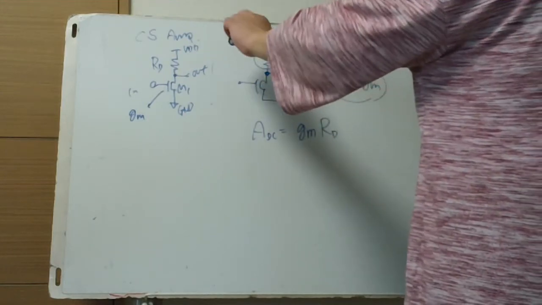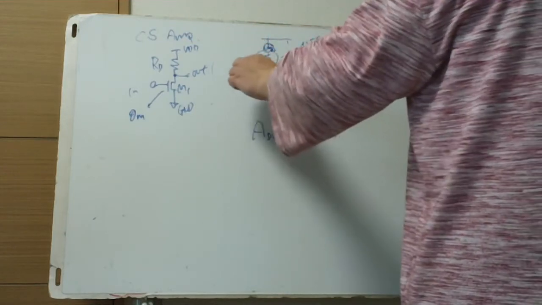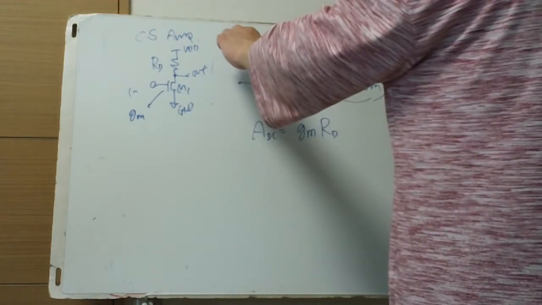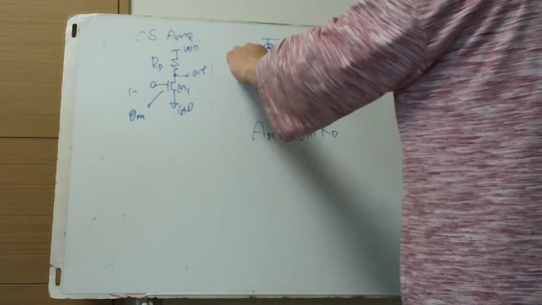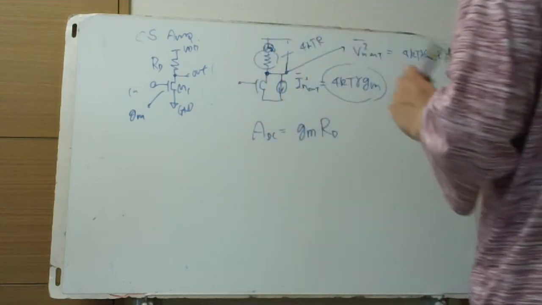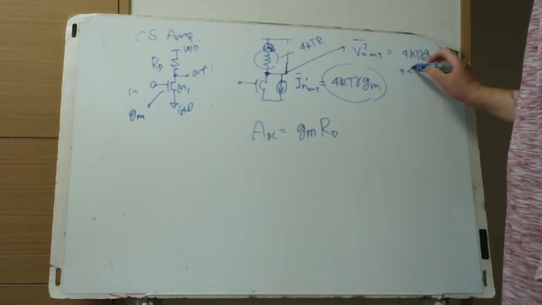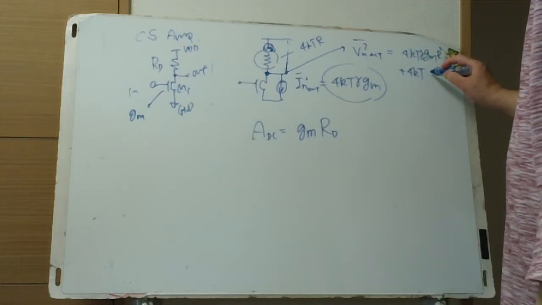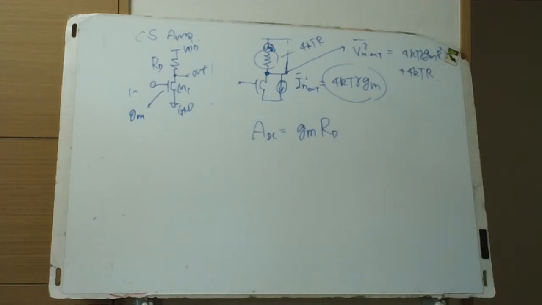This has no current, but this has 4kTR thermal noise voltage. The thermal noise voltage and this modulation are non-correlated, so they must be added: 4kTR. Really?